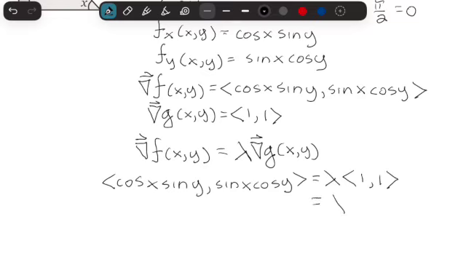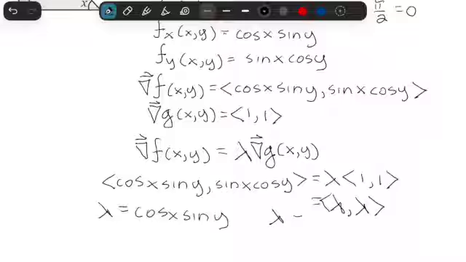And then we can distribute that lambda, and we end up with our two equations in terms of lambda: lambda equals cosine x sine y, and lambda equals sine x cosine y.